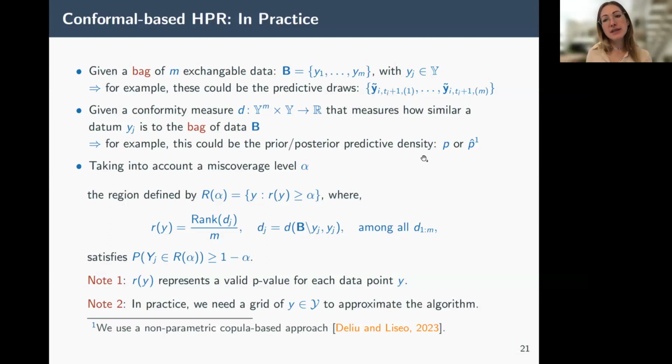And what we build at the end of the day is a sort of highest predictive region. But by using the following procedure, we are ensured to have these guarantees. What is the procedure in a few words?